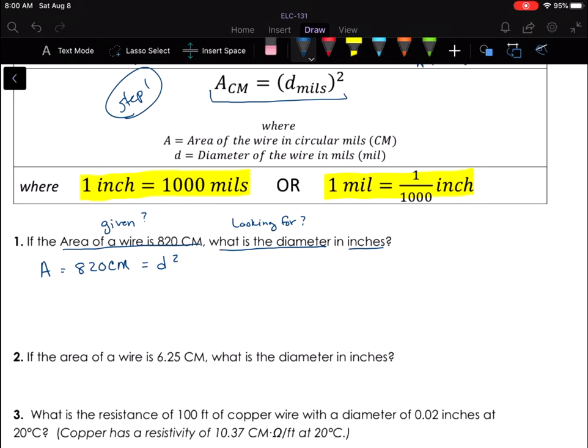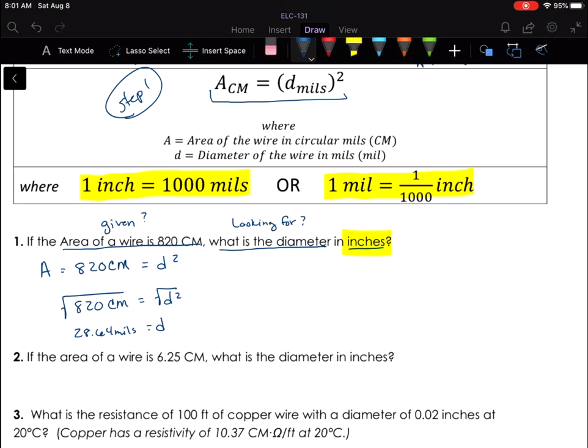So if I take the square root of 820, I get the diameter in mils, which is 28.64 mils. But remember, they asked me for inches, so I'm going to have to do a conversion.